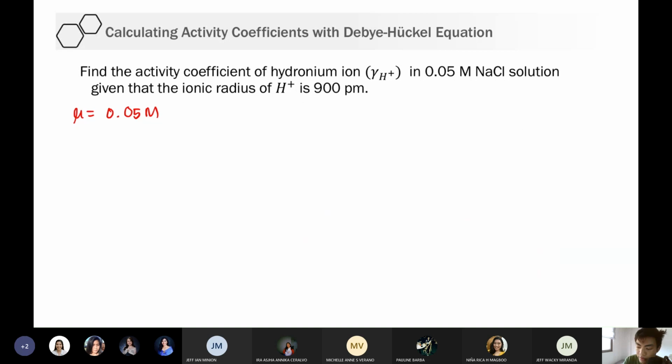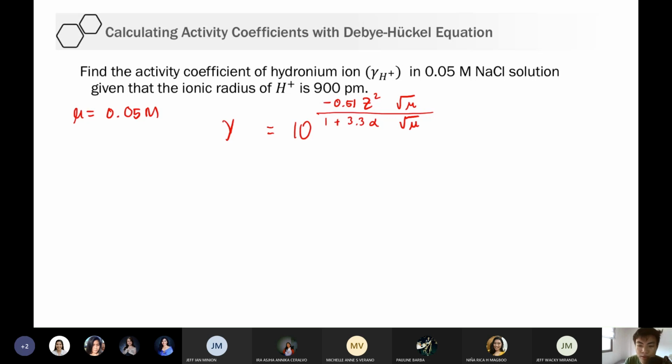Let me rewrite it here. So gamma can be solved as 10 raised to negative 0.51 z squared times the square root of mu over 1 plus 3.3 alpha square root of mu.